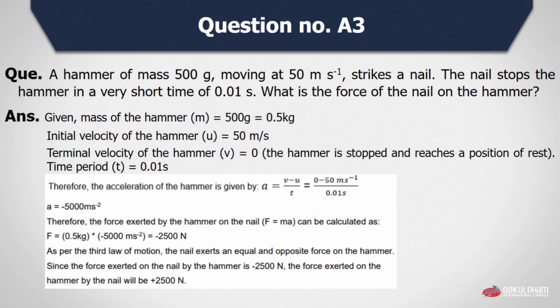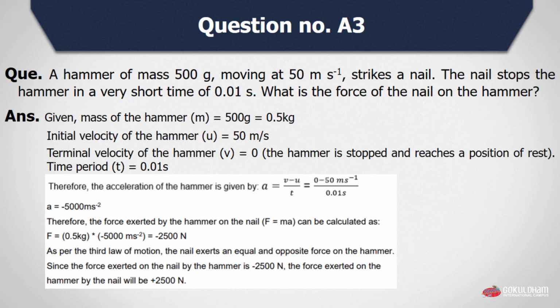We are already given the mass of the hammer, m equals 500 gram, which we can also say is 0.5 kg. The initial velocity of the hammer is 50 meter per second. The terminal velocity of the hammer v equals 0, means when the nail hits, the hammer stops. So the terminal velocity of the hammer v is 0, and the time it takes to stop is 0.01 seconds.